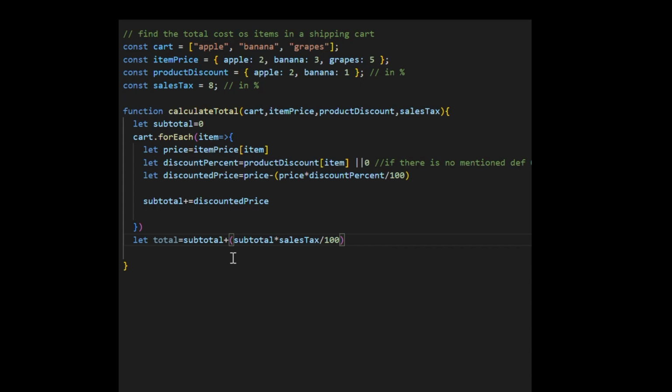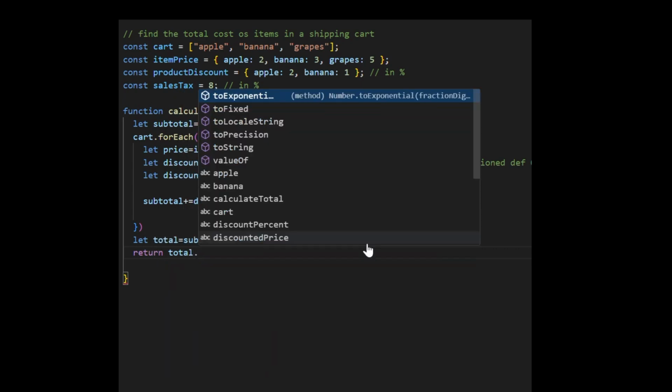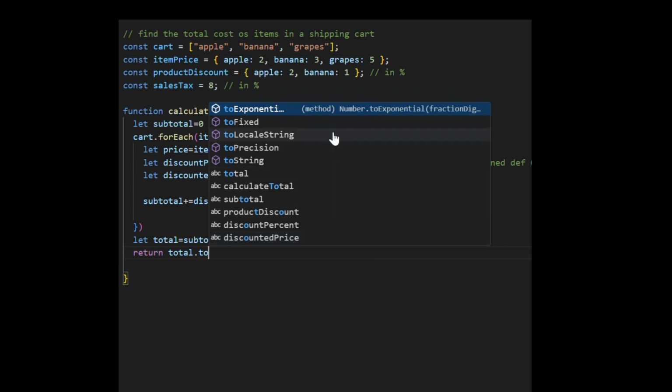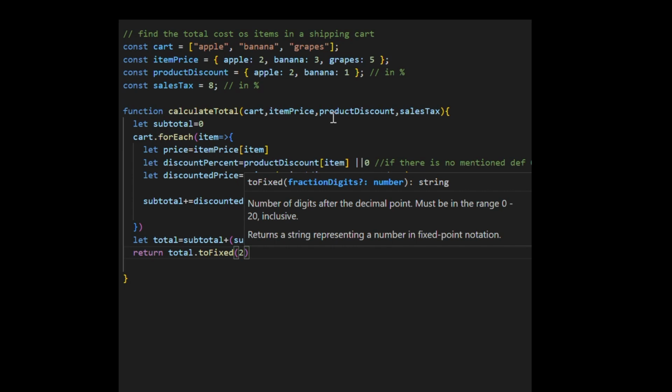Okay, so now we have to return. I can return total dot toFixed, because maybe we will get decimal points. I don't need too many decimal points, so I'm rounding off to 2 decimals. And this is the function with the return statement.